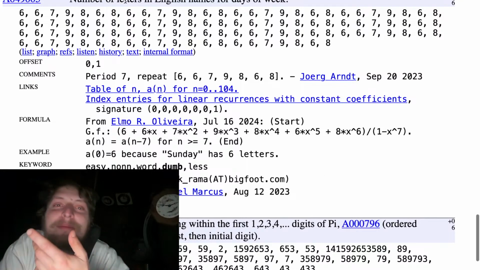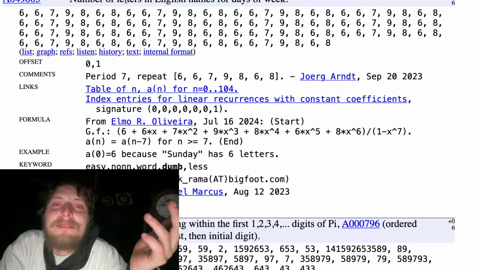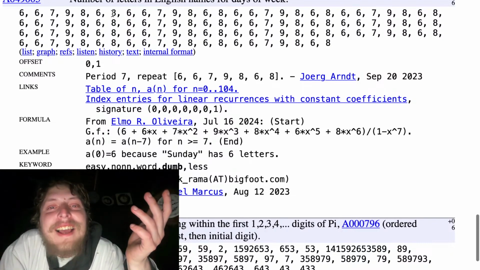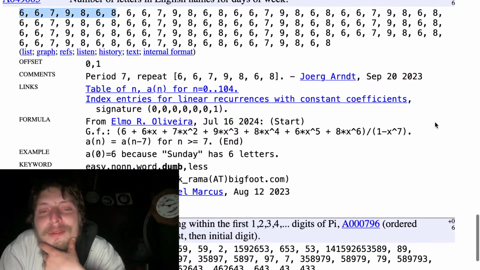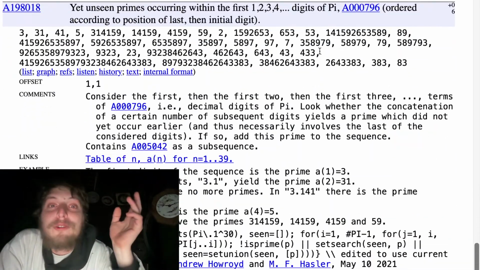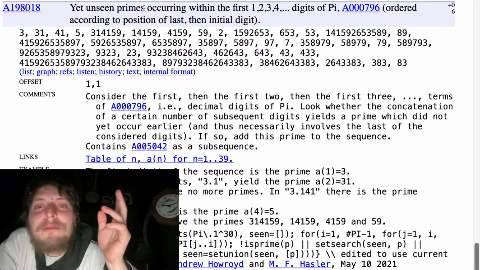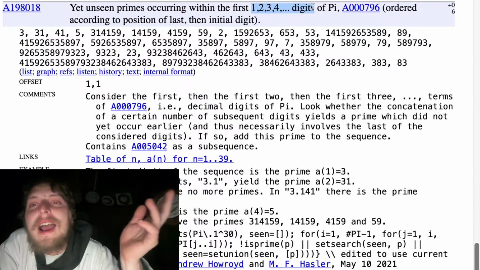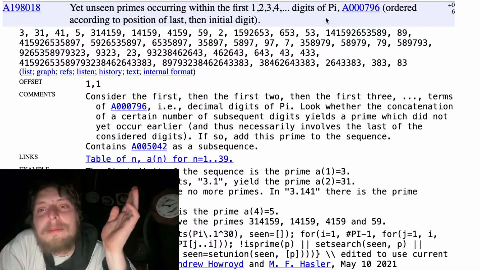But this is what they mean by dumb. Number of letters in English name for days of the week. This is going to loop these 7. And even this is the type of thing some people would be like, oh, it's so deep and crazy. But yet unseen primes occurring within a first amount of digits of pi. So arbitrary and base dependent.